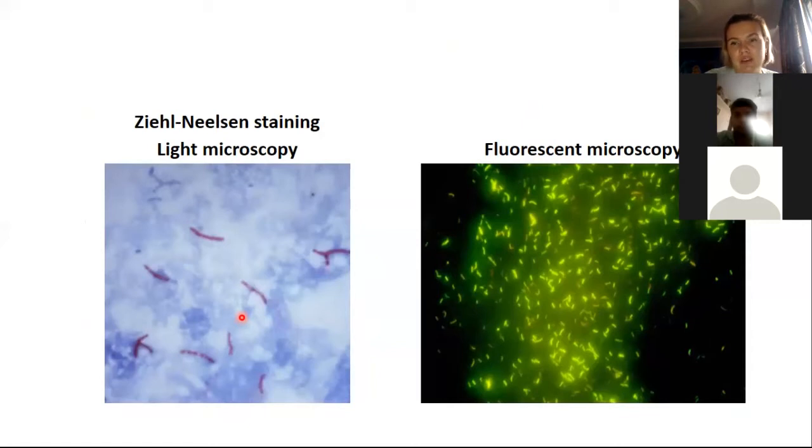First, you use carbol fuchsin. Next, you decolorize it with sulfuric acid and ethanol. And in the end, you color it with methylene blue.